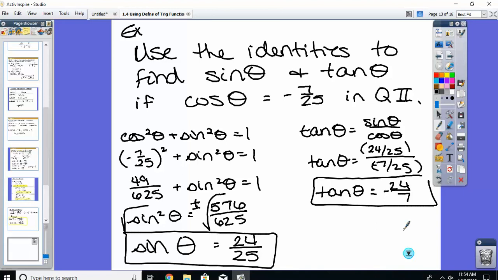At this point, I don't really care how you find the answers as long as you keep track of the signs. So I wanted to show you identities. Most people typically prefer either drawing the triangles or doing x's, y's, and r's, but these identities are certainly an option. What do you guys prefer? X, y, and r's?